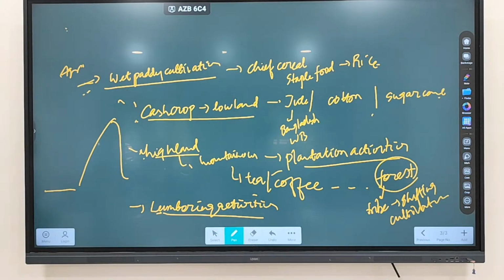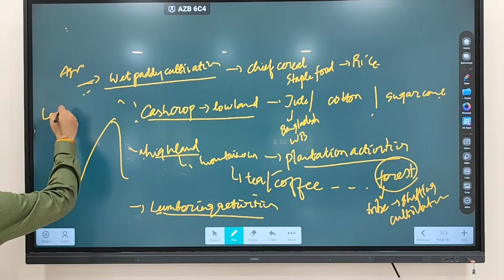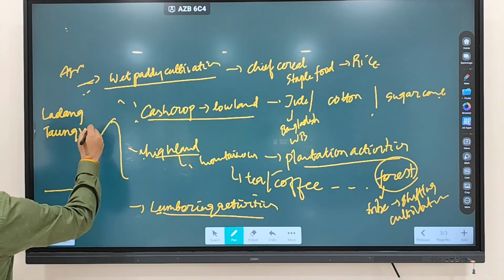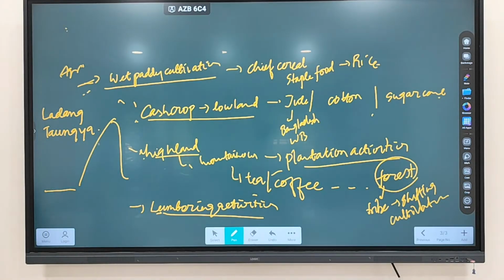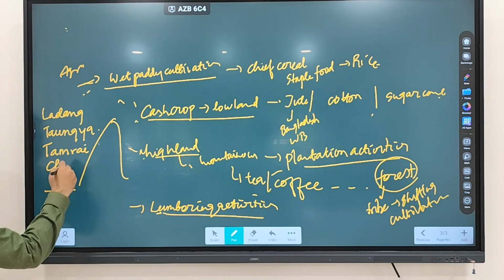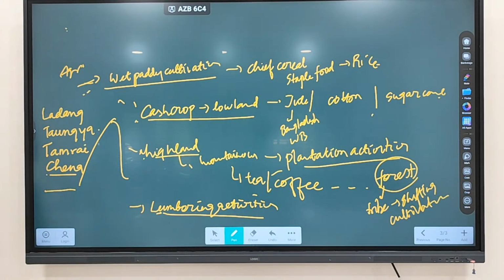There are certain tribes like Ladakh, Tonga, Tamrai, Chena. These are tribes which practice which type of cultivation? Shifting cultivation. Ladakh is there, Tonga is there, Tamrai is there, Chena is there.